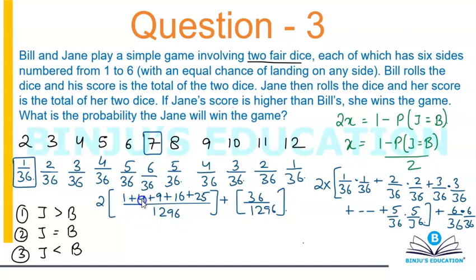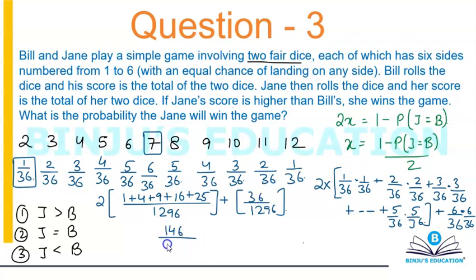So 1, 4, 10, 14. 14 and 16 is 30. 30 and 25 is 55. 55 into 2 is 110. 110 and 36 is basically 146.